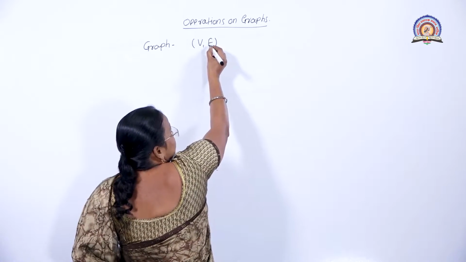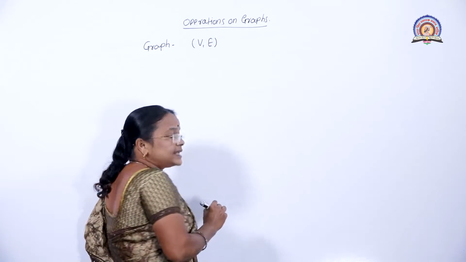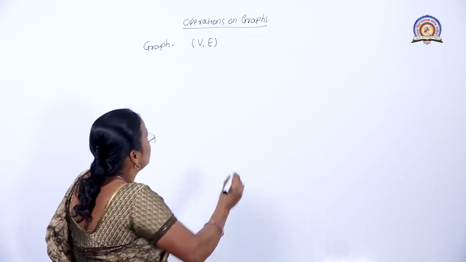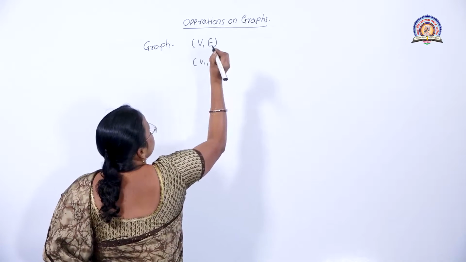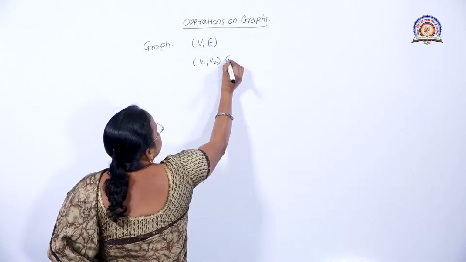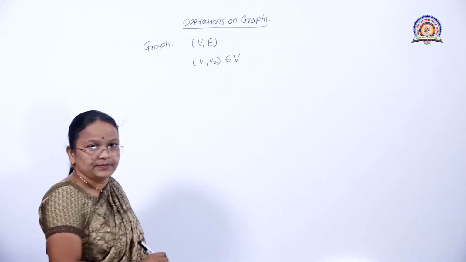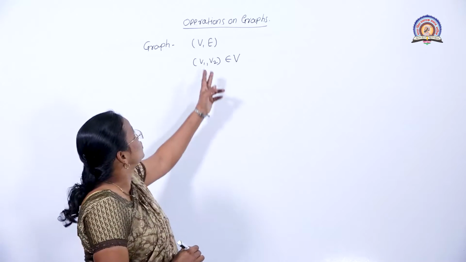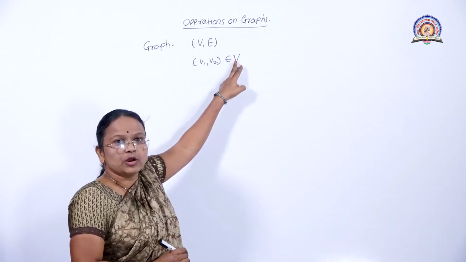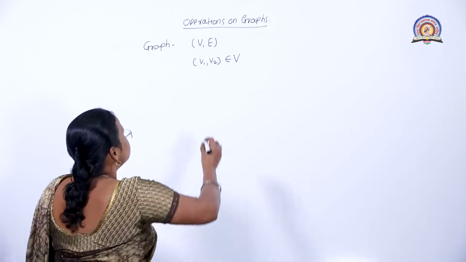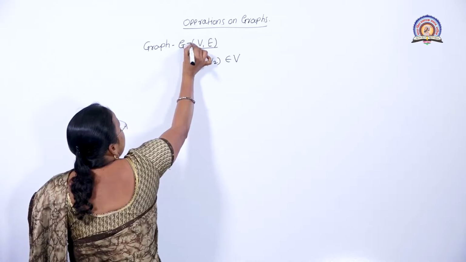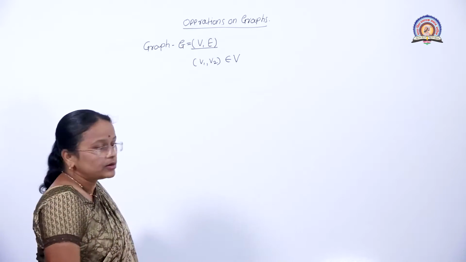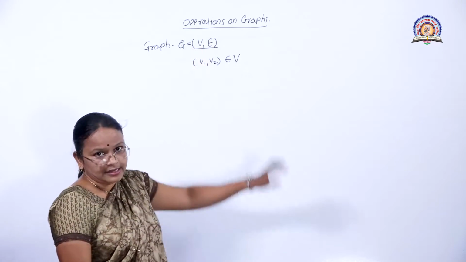The elements of the edge set E are unordered pairs of two vertices v1, v2 belonging to V. Such a pair is called a graph.